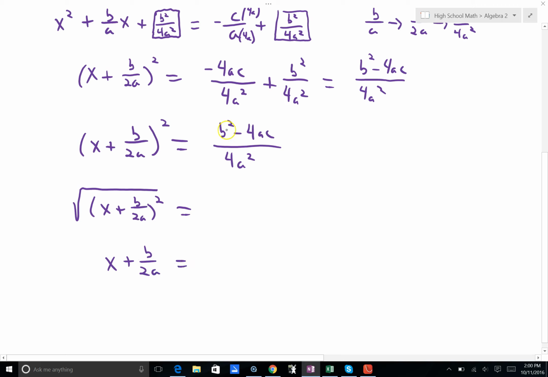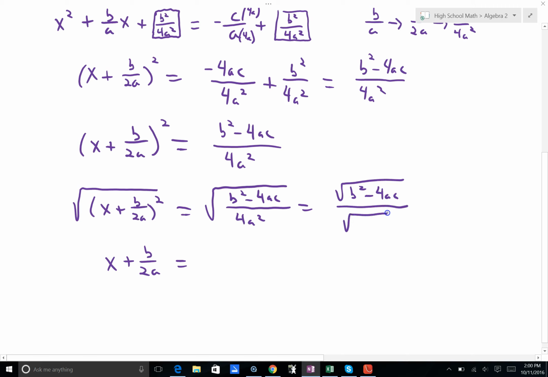And to take the square root of this fraction, b squared minus 4ac all over 4a squared, it is equal to the square root of the top, b squared minus 4ac, over the square root of the bottom, square root of 4a squared. Well, we can easily take the square root of 4a squared. It's 2a. Square root of 4 is 2, square root of a squared is a. And I'm going to leave this numerator as the square root of b squared minus 4ac.